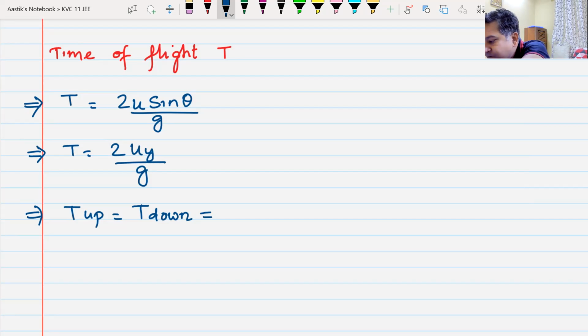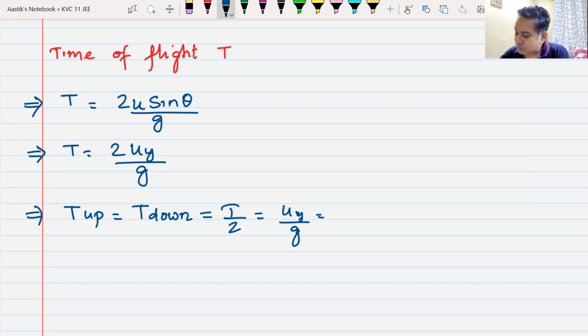Uy by g, sir. It is basically your time of flight divided by 2. So you can write it as uy by g. You can also write it as u sine theta by g. I hope we are making sense about this.